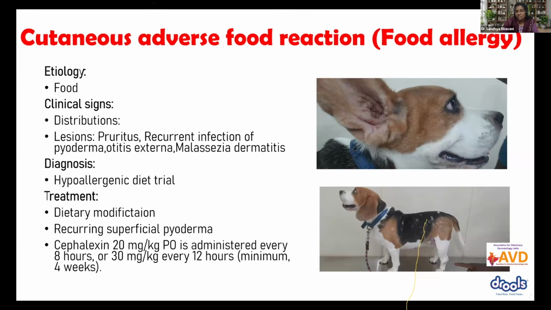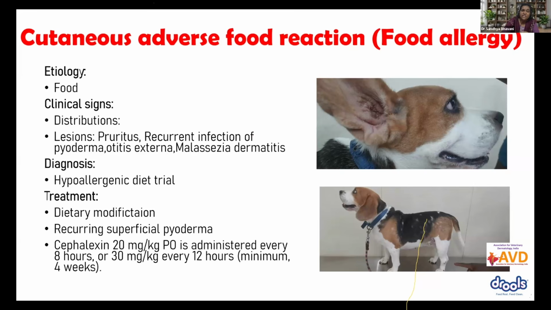If there is itching when the food is given, it is because of the food. If there is no improvement in the pruritus at all even with the dietary modification, it means it is because of some other allergic condition like atopy.